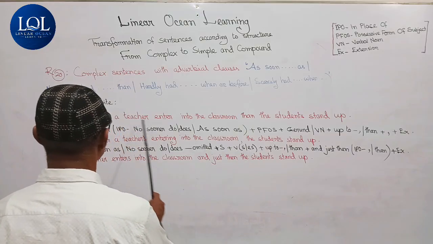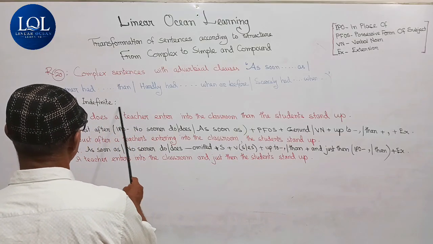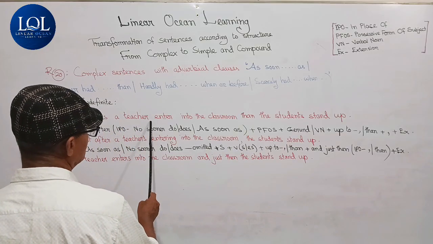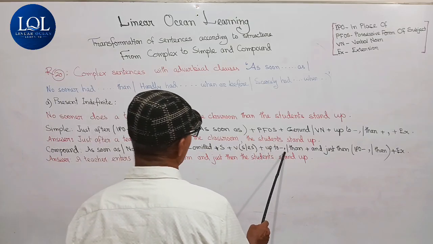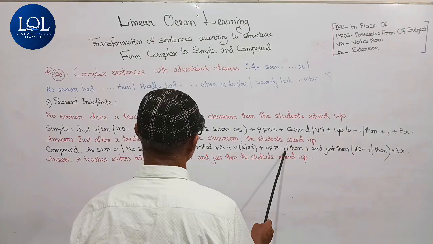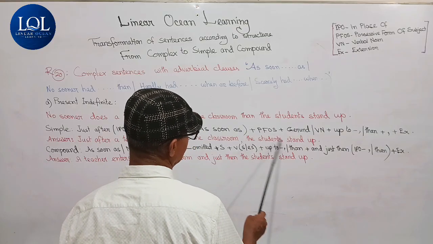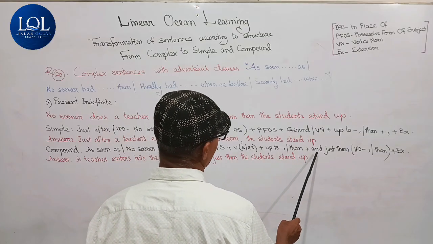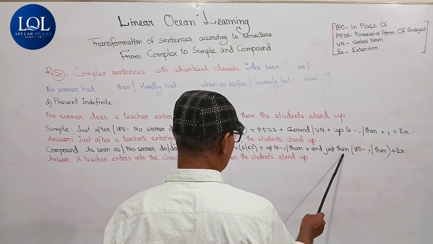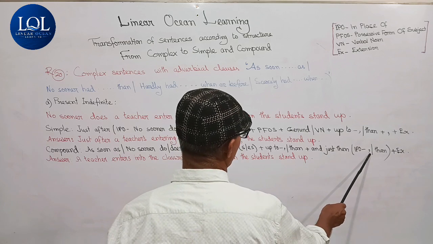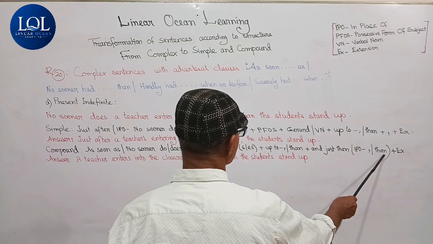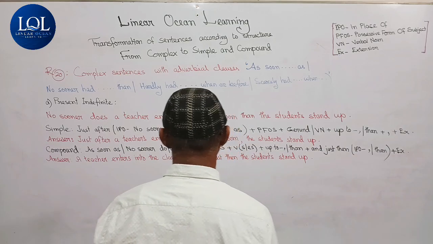So long as the subject is third person singular number, the verb will be enters, plus up to comma or than, plus "and just then", IPO comma or than, plus extension.